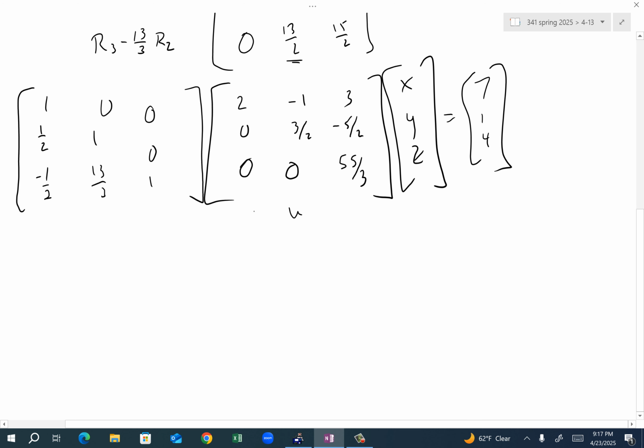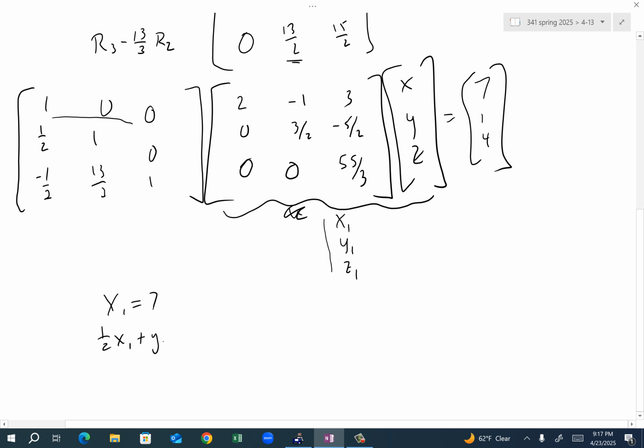Cool. And again, this right here is going to be x1, y1, z1. You with me? That's our in-between variables. So it's going to be 1 times this guy. So x1 is equal to 7. And then a half of an x1 plus a y1 is equal to 1.